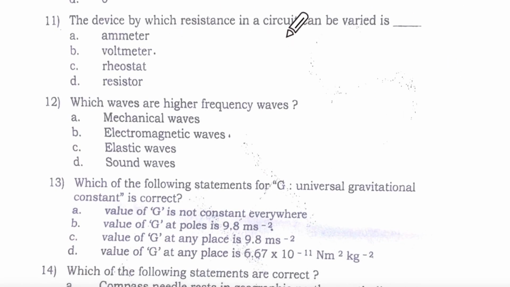Device by which resistance can be varied is rheostat. Everybody knows rheostat. The slider moves. Slider is also called as jockey. That moves and it changes the resistance in the circuit, so it changes the current in the circuit.